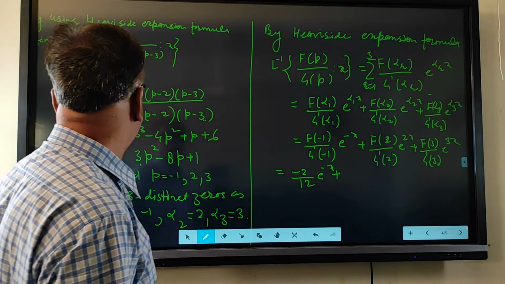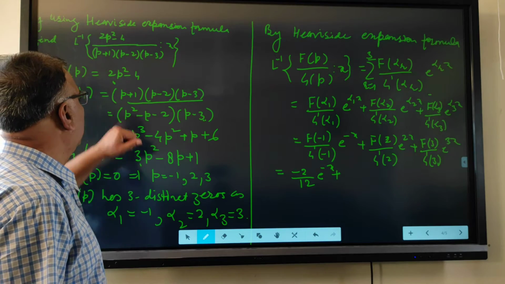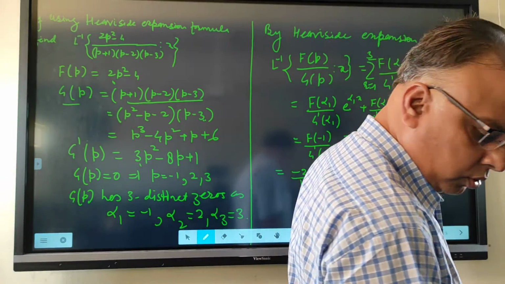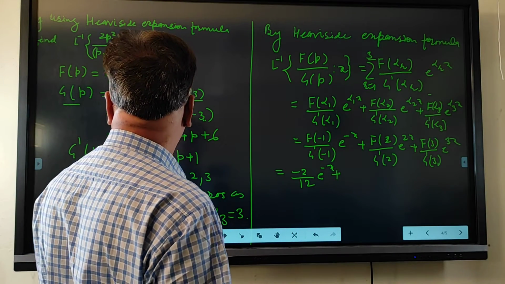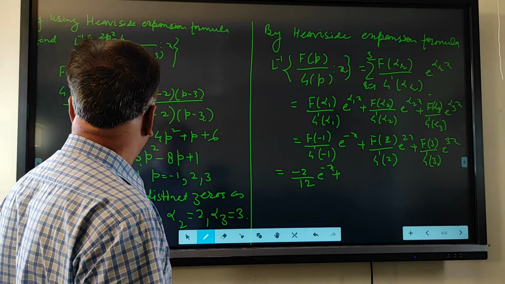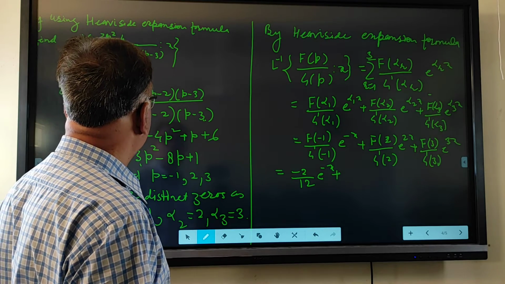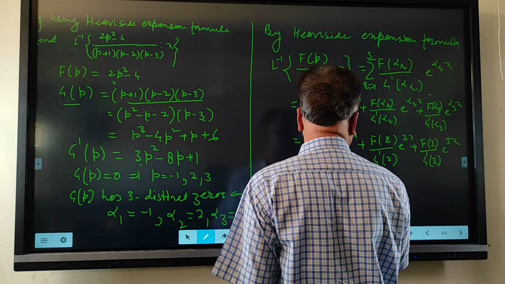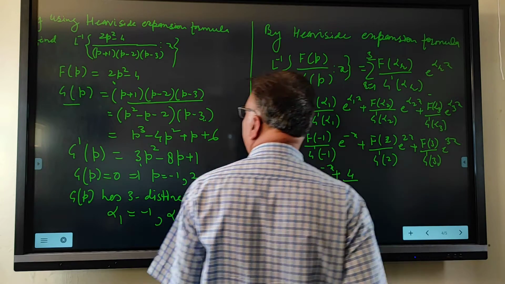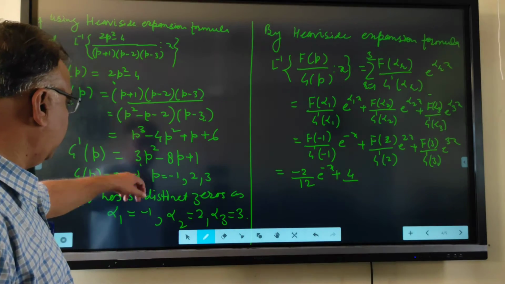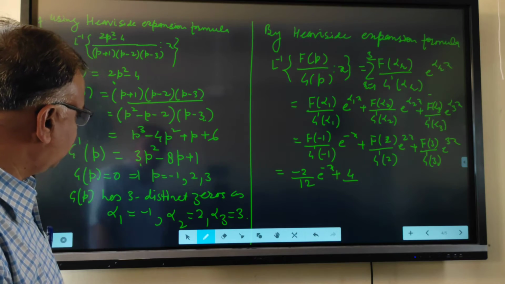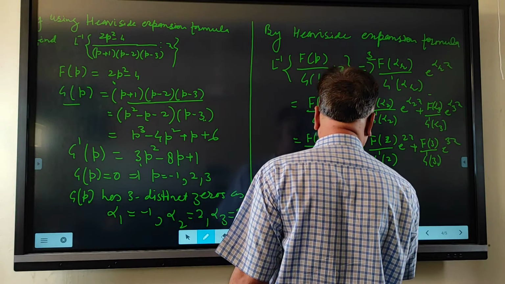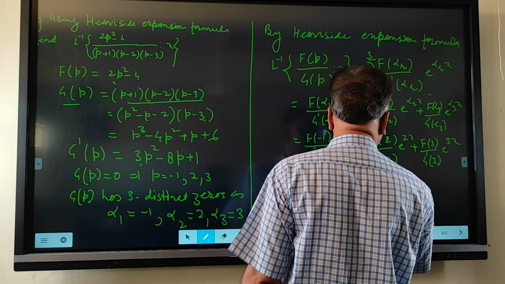Plus F(2), that is 2p² − 4, so 2 into 4 is 8, minus 4, that is 4, upon G'(2), which is 12 − 16 + 1, that is −3, e raised to 2x.